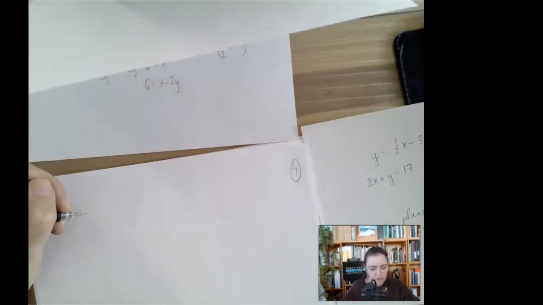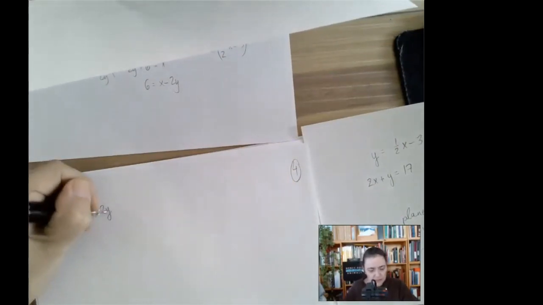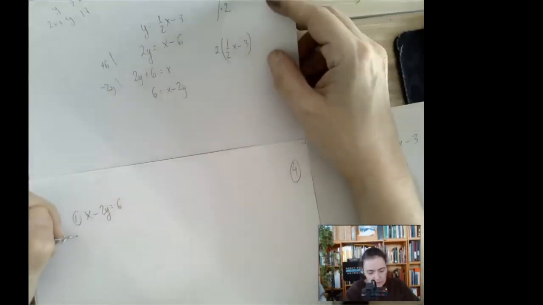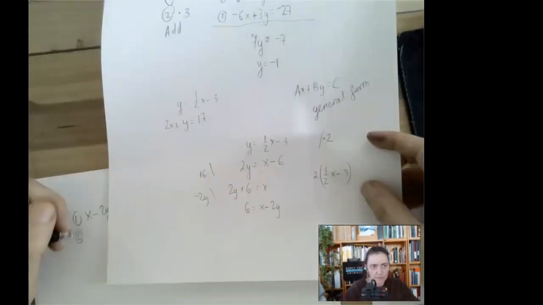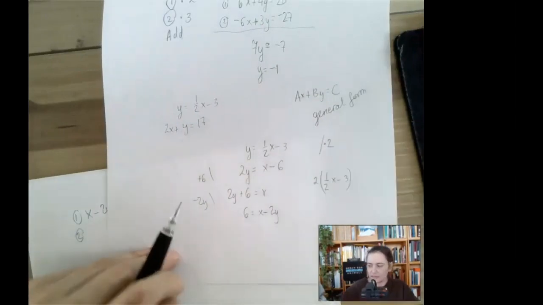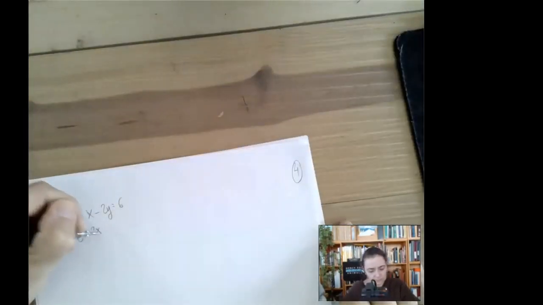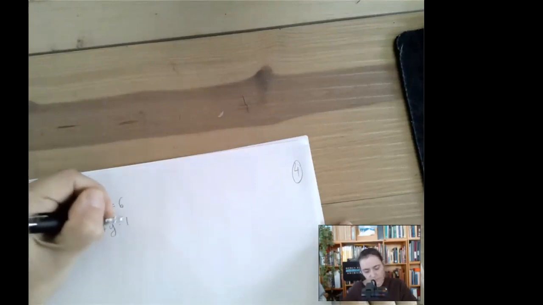So x minus 2y equals 6 was one equation, the first one. And the second equation was 2x plus y equals 7. Okay, so very similar.